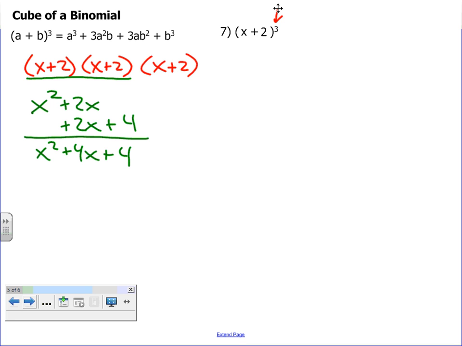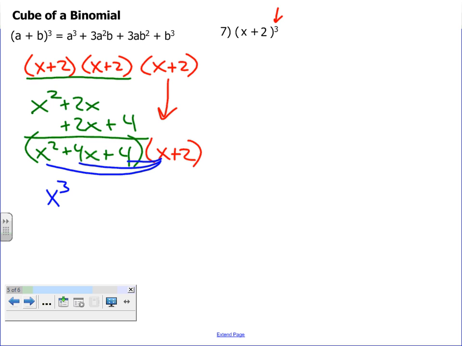Now I'm going to multiply that by x plus 2. Now again, don't forget, this is one big polynomial. So I'm going to use parentheses there to show that. So now when I multiply this, I'm going to do term by term. And we have x cubed plus 4x squared plus 4x. Now I'm going to look at the second term, 2, and multiply it by the 3 terms here as well.